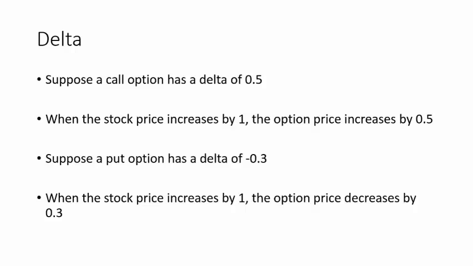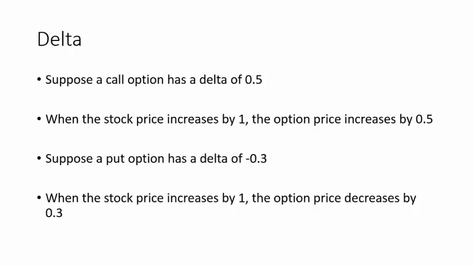Okay, so let's go through a mechanical example of delta and how exactly we can interpret these numbers. Suppose that a call option has a delta of 0.5. Right, now remember that call options always have deltas between 0 and 1. So if the call option has a delta of 0.5, what does that mean?